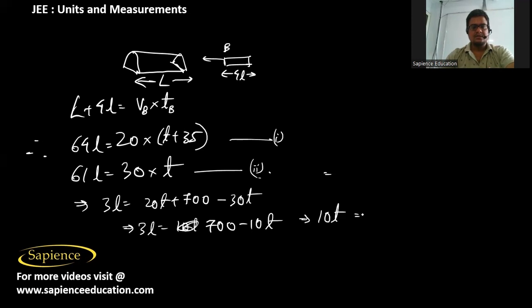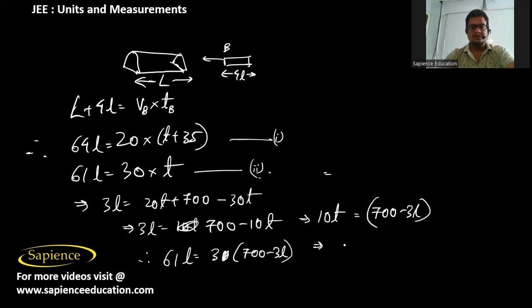So it means that 10T will be equal to 700 minus 3L. So in place of 10T, we can put 700 minus 3L. So therefore 61L will be equal to 3 into (700 minus 3L). Then we get 61L equal to 2100 minus 9L. So therefore 70L is equal to 2100.